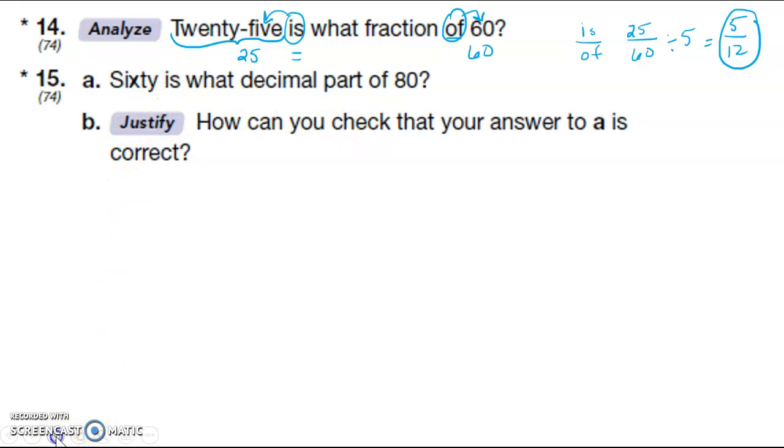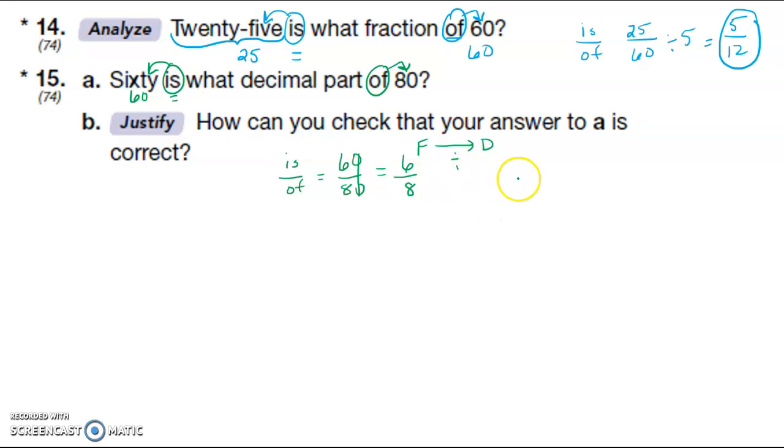Let me change colors. 60 is what decimal part of 80? Okay, so we're going to do is over of on this as well. So I have 60 over 80, 6 over 8. And to go from fraction to decimal, I divide.